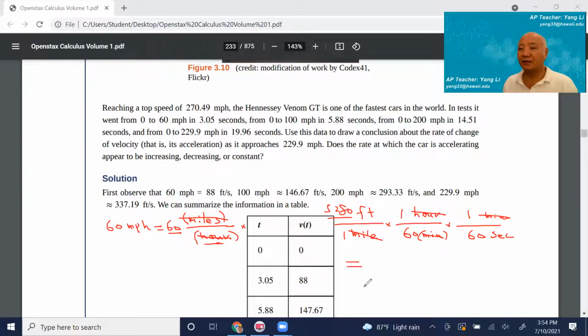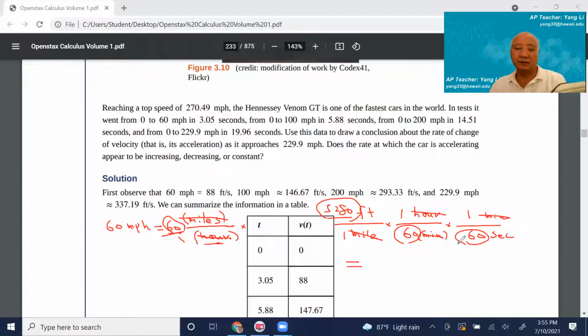Now you simply use your calculator: 60 times 5280 divided by 60, divided by 60. We can use a graphing calculator or any calculator.